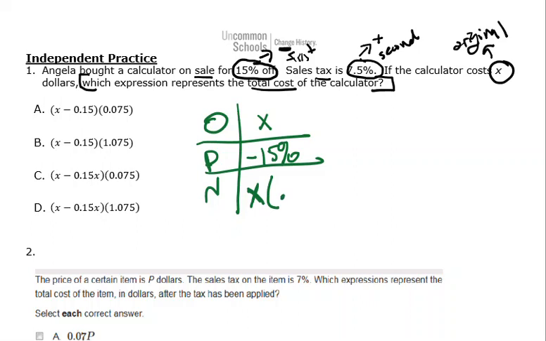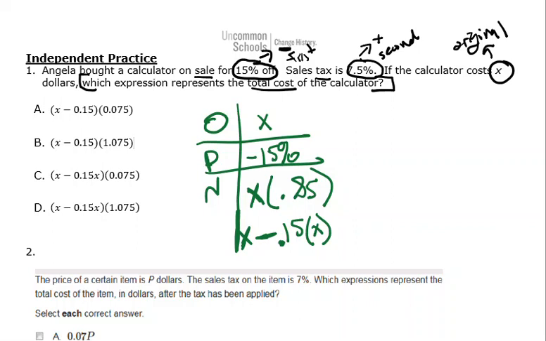times 0.85 because I'm paying 85% of the price. The other way I could do it is to say X minus 0.15 times X. Okay, what does that mean? That means I'm going to take 15% off and subtract it from X. It's sort of like doing that extra step that we typically don't do, but we need to know how to do both, okay?